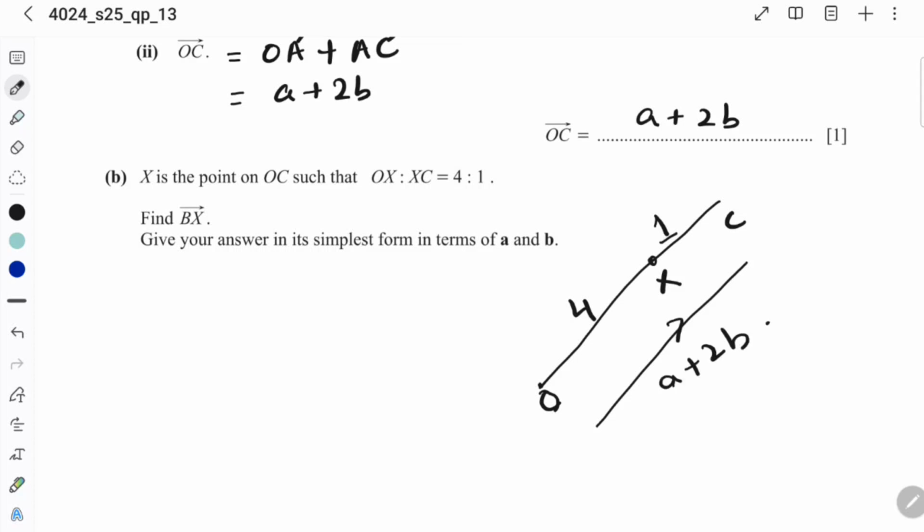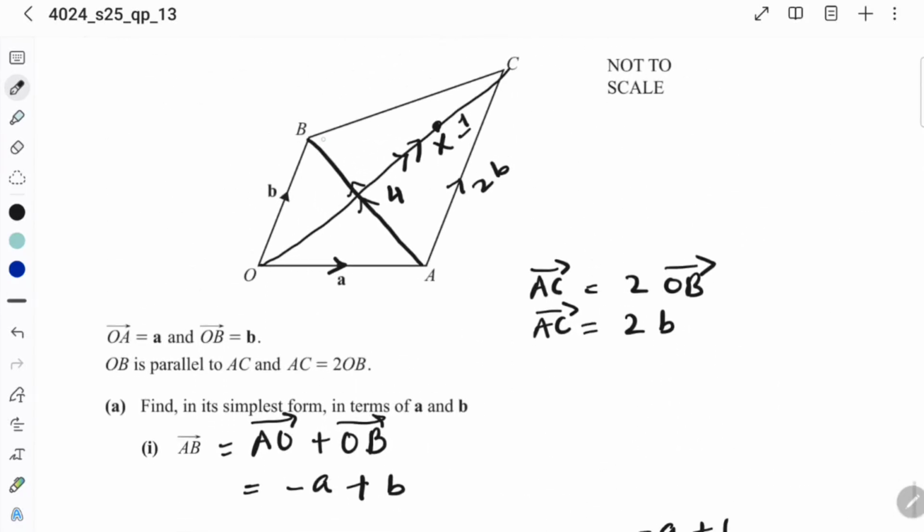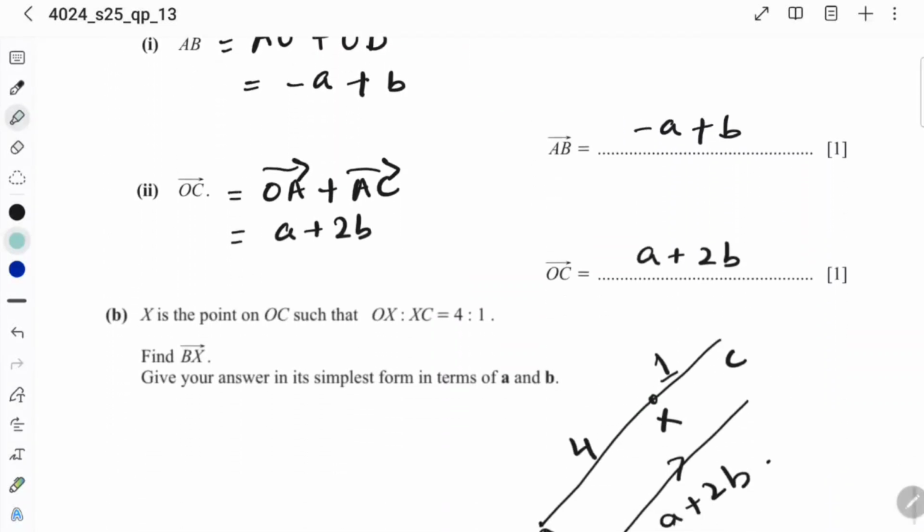We have to find out the value of BX here. B to X means this much is required. So BX is BO plus OX. BO we know, and OX we'll find out.